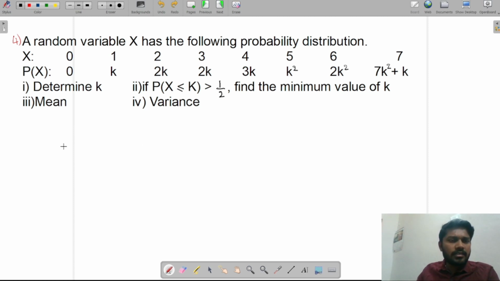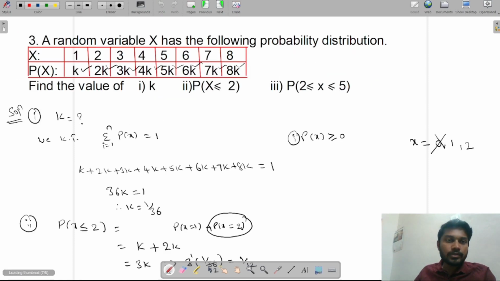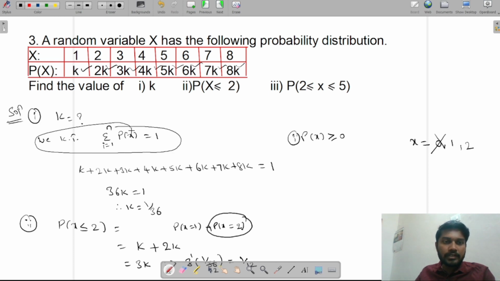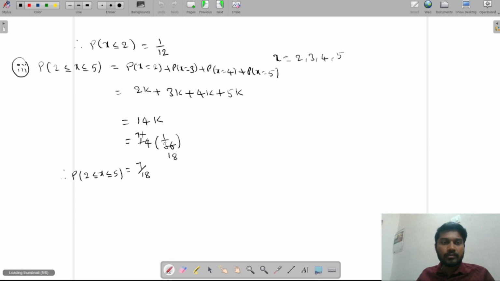Right, let me solve the given question. I discussed in the last question that when we want to find the value of k or some value of a, we have to take the help of the second property. What is the second property of a discrete random variable? We saw in the last question that it is summation P of x equal to 1. So I'm taking the same help now.